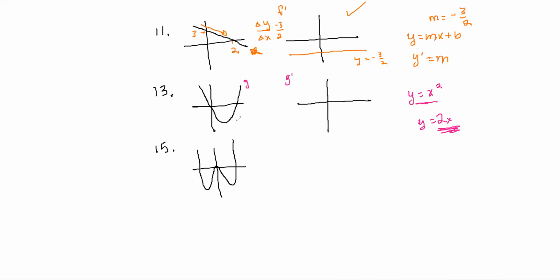And I know that this is where g prime is equal to 0. And that point is going to be 2. So here at 2, g prime is going to be equal to 0. It's going to be g prime is positive here, and g prime is negative here. So it'll look something like this.